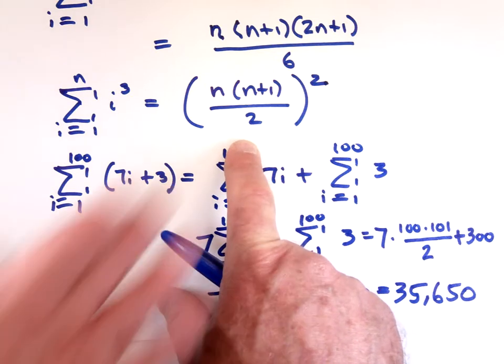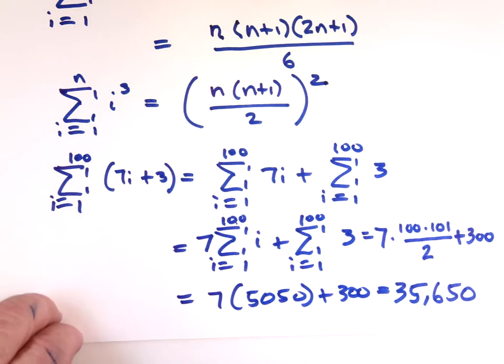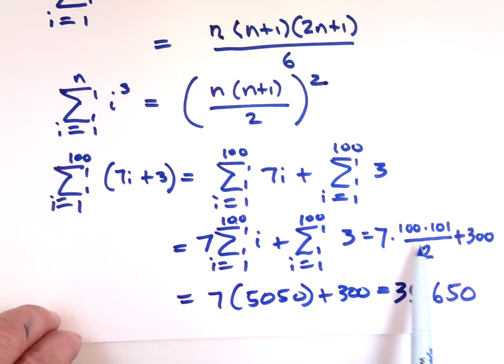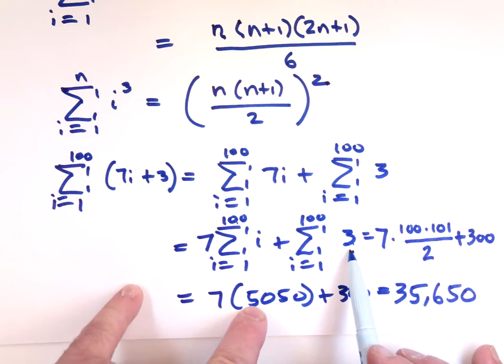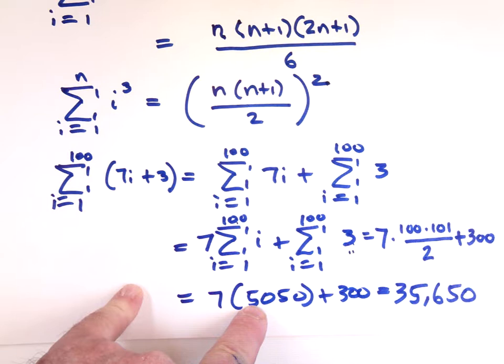How come you replace the i with 100? Yes, 3 times 100. Aren't you supposed to use the same formula for that? No, because I don't have an i here. It's just the sum of this constant 3, 100 times.